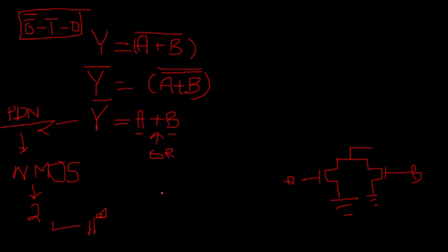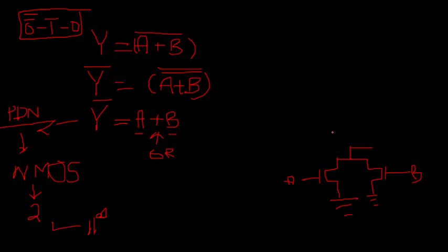Now let us come to the pull up network. So now for pull up network you have to implement y is equal to a. See, one shortcut is what? You know that pull up network is the complement of dual of pull down network. So what I told you about dual property in my previous video is, if pull up network is connected in parallel, pull down will be having the same transistors connected in series and vice versa.